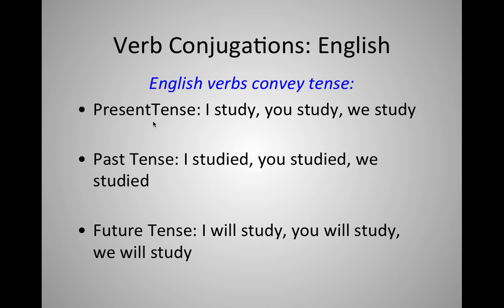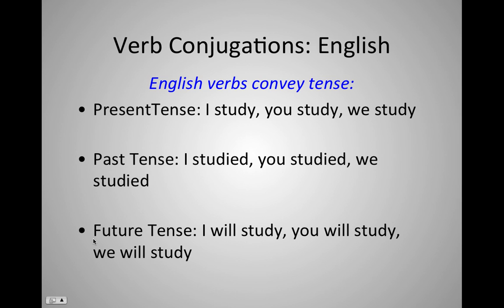Present tense, essentially all that means is that the action is in the present time. I study, you study, we study. There's a present action that's going on there. Or we could talk about past tense. In past tense, all that means is that the action happened in the past. I studied, you studied, we studied. In all of those examples, the action of studying happened already in the past.